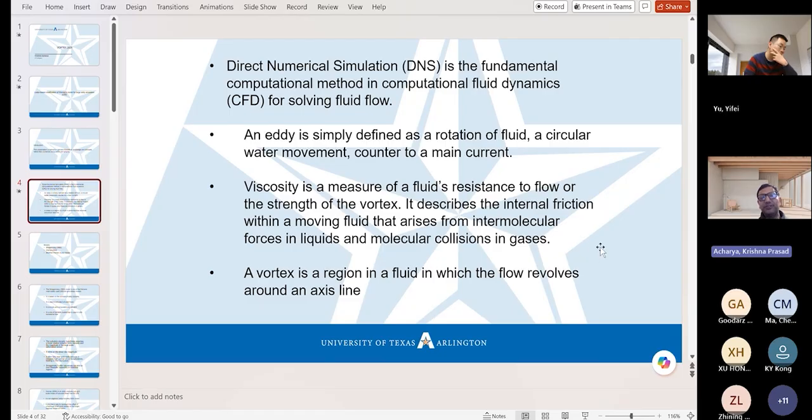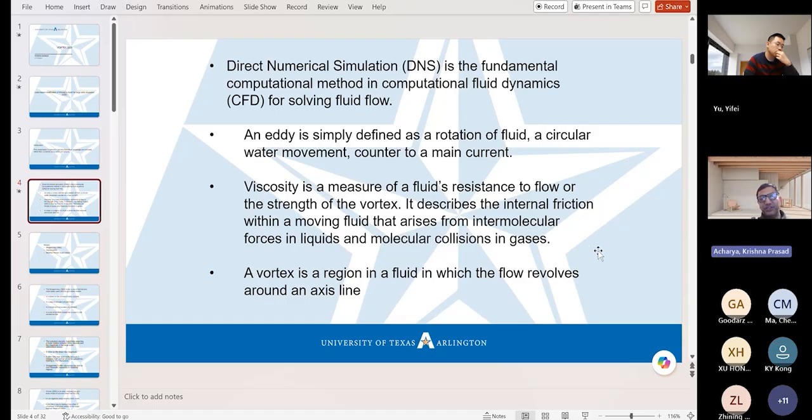An eddy is simply defined as a rotation of fluid, a circular water movement counter to a main current. Similarly, viscosity is a measure of fluid's resistance to flow or the strength of the vortex. It describes the internal friction within a moving fluid that arises from intermolecular forces in liquids and molecular collisions in gases.